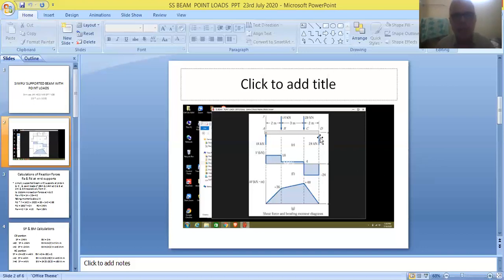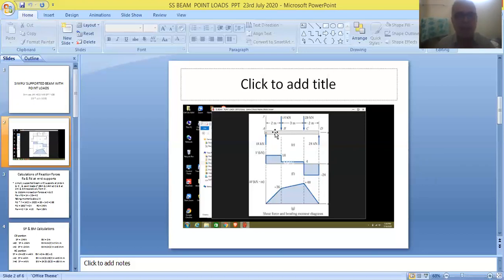And at the CD region, only one force is acting in the upward direction. We have to consider only that one force. At the BC region, if you consider a section, two forces will be coming into picture. This force will be coming into picture, and this force will also be coming into picture while preparing the equations.